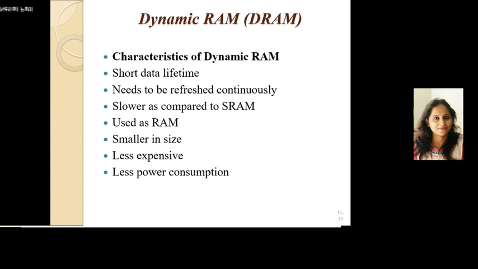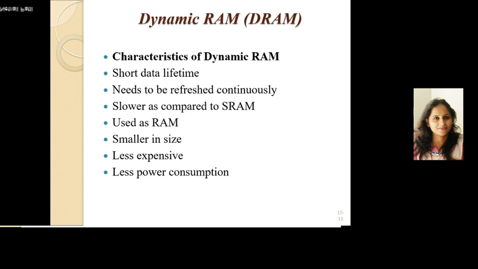Then the second one is dynamic RAM. DRAM is a type of random access memory that stores each bit of data in a separate capacitor within an integrated circuit. Since real capacitors leak charge, the information eventually fades unless the capacitor charge is refreshed periodically.